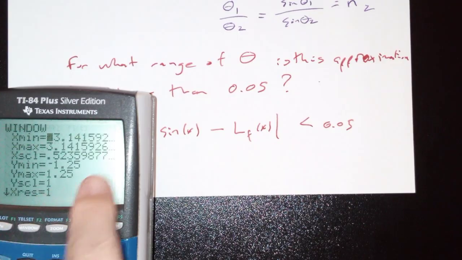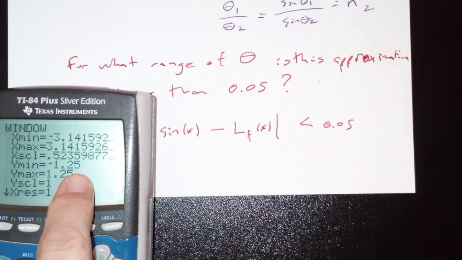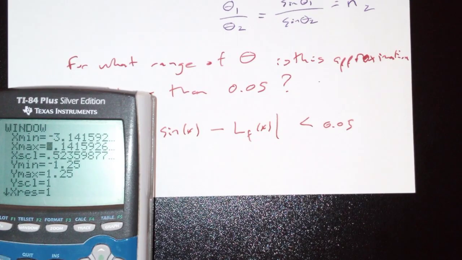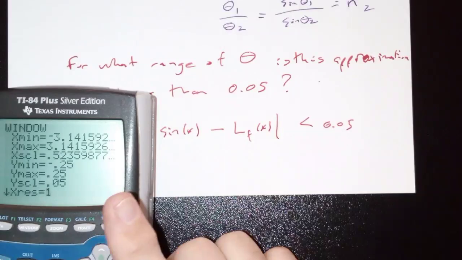Now, my window right now is set up to go from minus pi to pi. But my y values are way too big if I'm looking at 0.05. So let's make this a lot smaller. Now my lines should be visible in the middle of the screen.